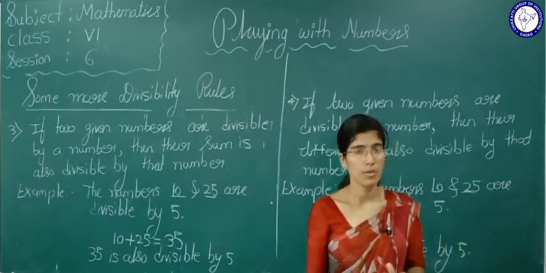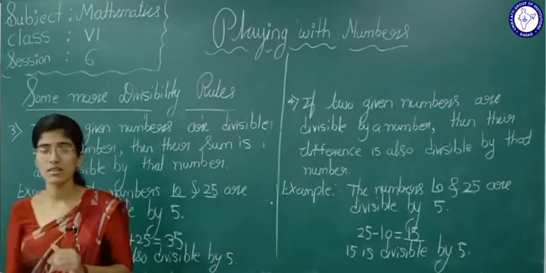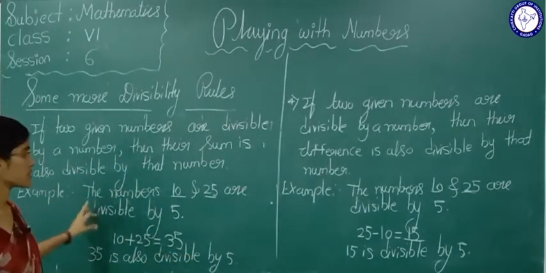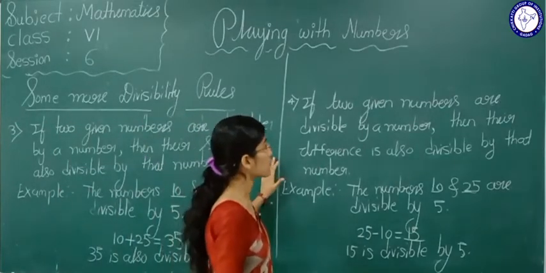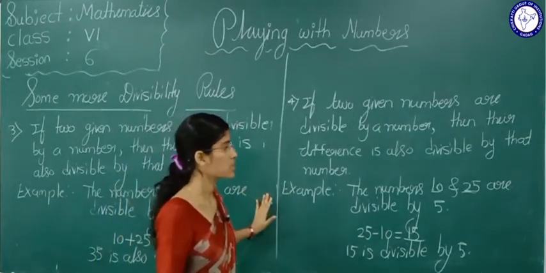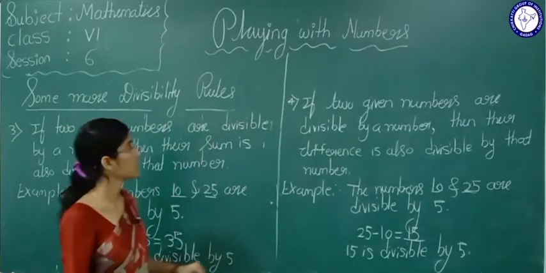This is rule number 2. The rule number 3 tells us that if two given numbers are divisible by a number, then the sum is also divisible by that number. The 4th tells us that if two given numbers are divisible by a number, then the difference is also divisible by that number. So this is about some more divisibility rules.